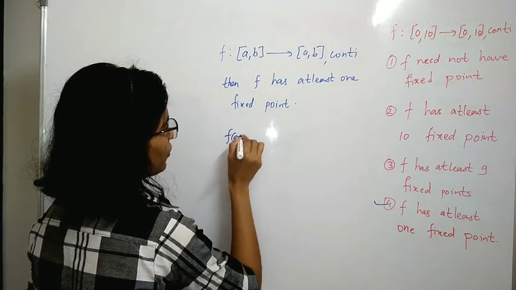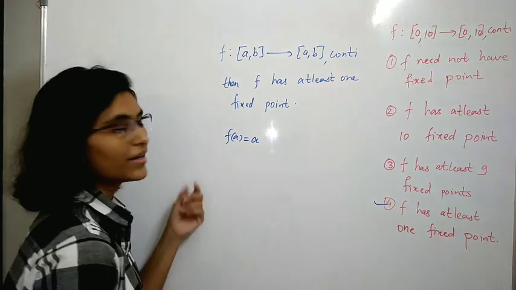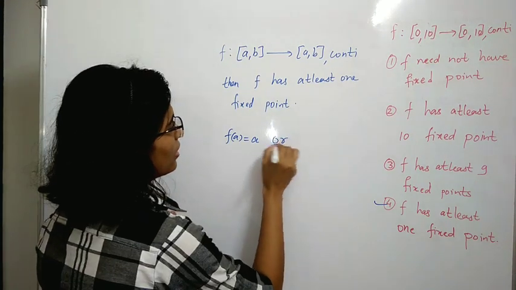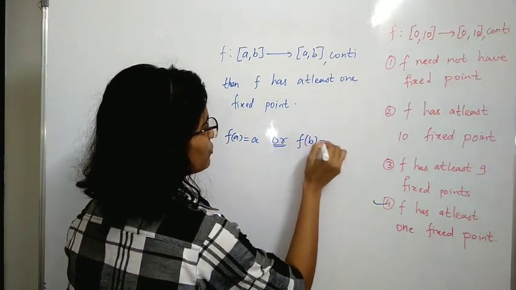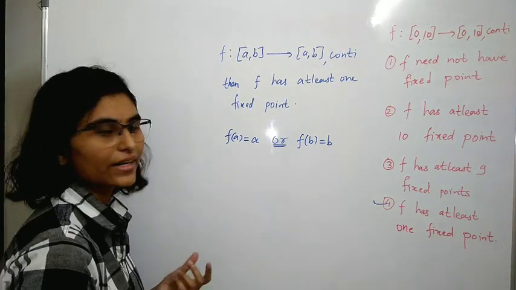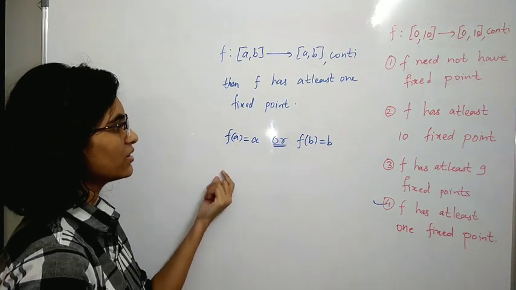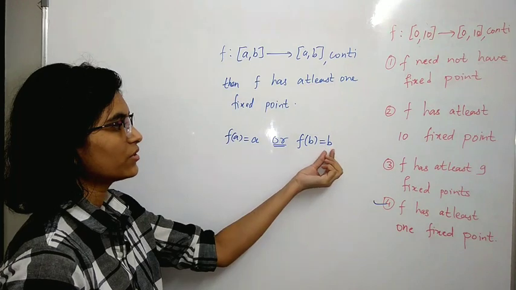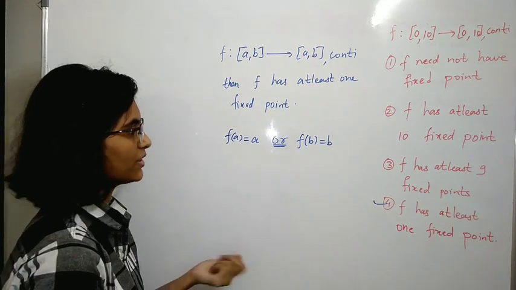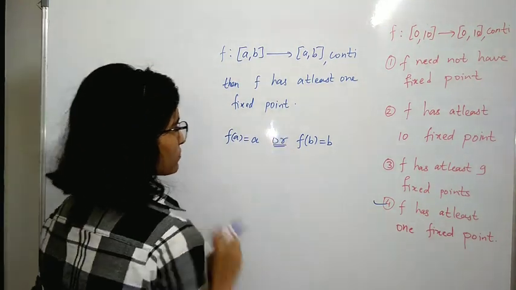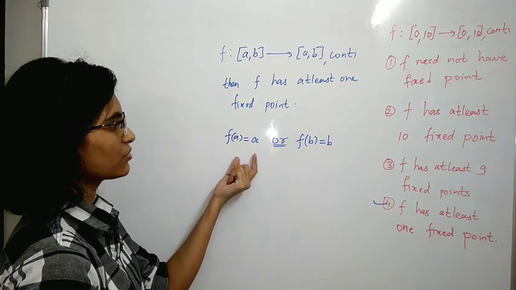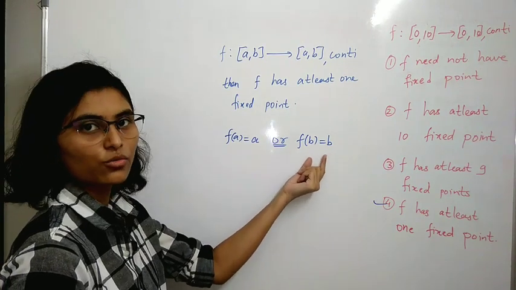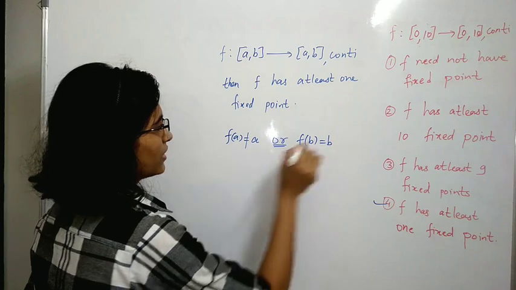If we have f of a equal to a or f of b equal to b, then we are done, right? In this case a is a fixed point, and if we have f of b equal to b, then b is a fixed point. But if we do not have f of a equal to a and f of b not equal to b, then we are in this case, right?